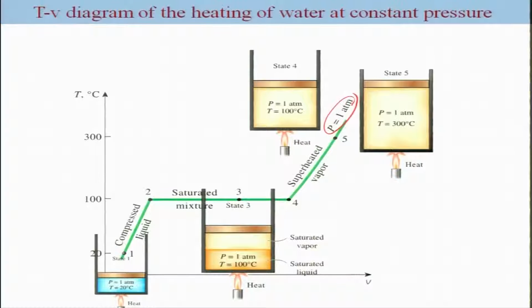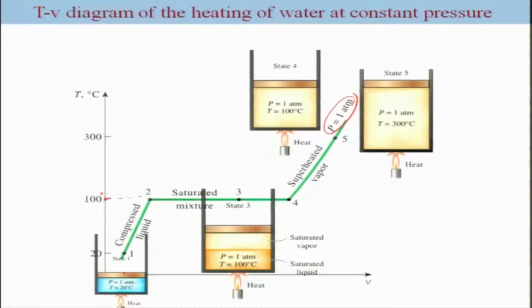We started from here around 20 degrees Celsius. At this condition, the specific volume is very low, and upon heating we reach the boiling point at 1 atmosphere, 100 degrees Celsius, where it starts to vaporize.